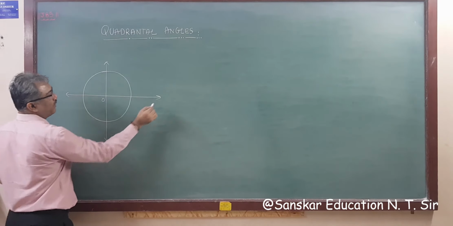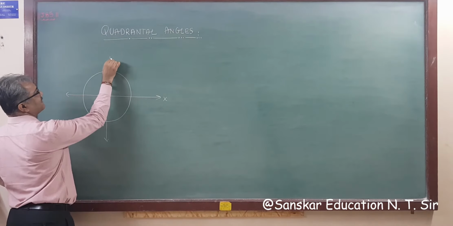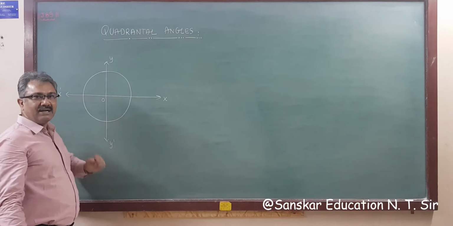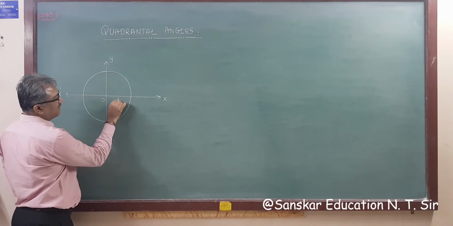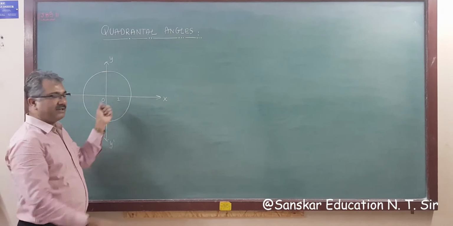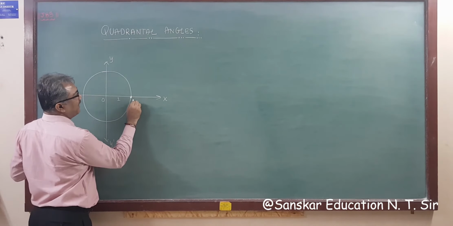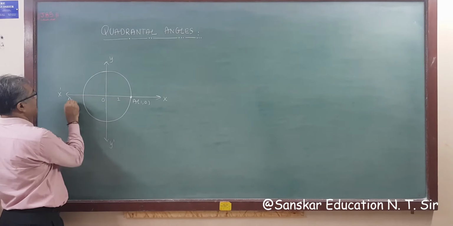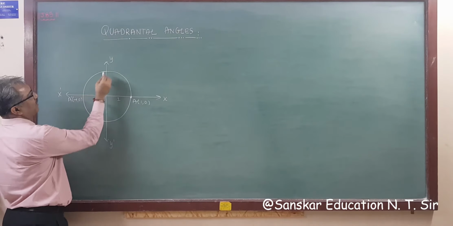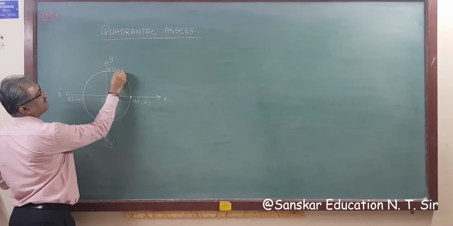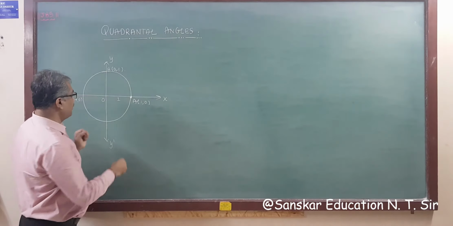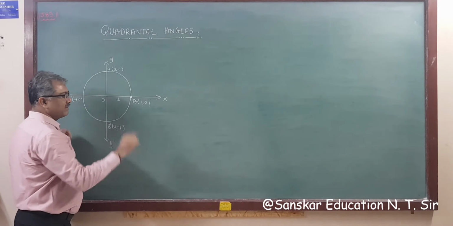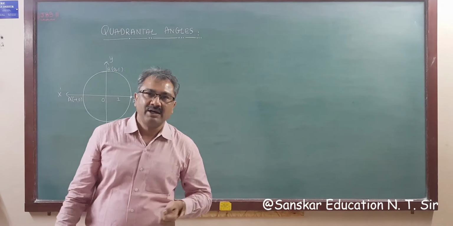So this is O, the origin, this is the x-axis, this is the y-axis, this is the negative x-axis, that is x dash x, and this is the negative y-axis, that is y dash y. Now the radius of this circle is 1, so the coordinate of point A on the x-axis is (1, 0), this is A dash, then this is (-1, 0), suppose this is B, (0, 1), because for this point on the y-axis the x coordinate is 0, similarly this is B dash, then this is (0, -1). So these are the coordinates of points on the axes.